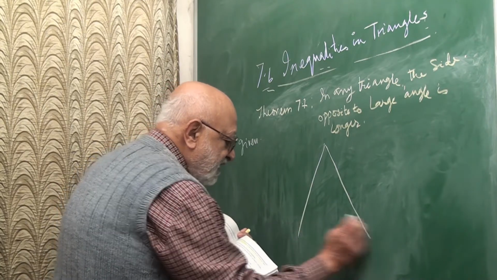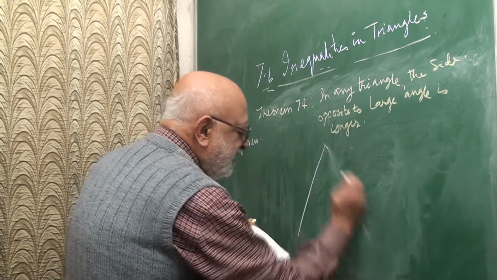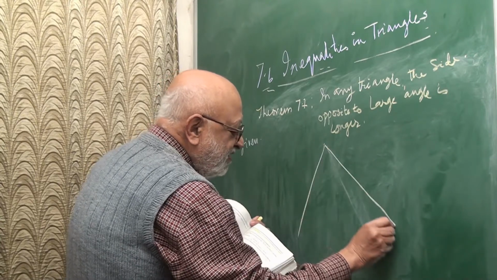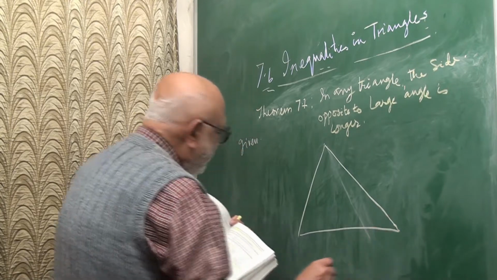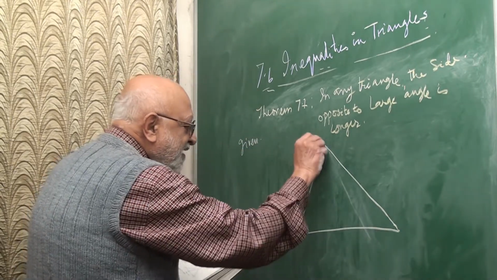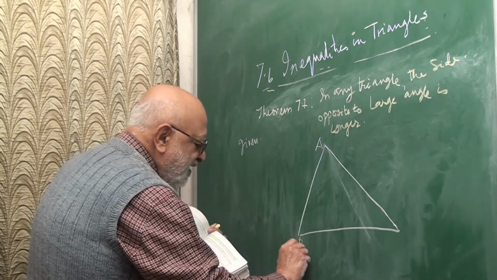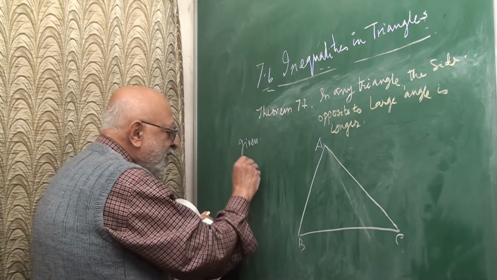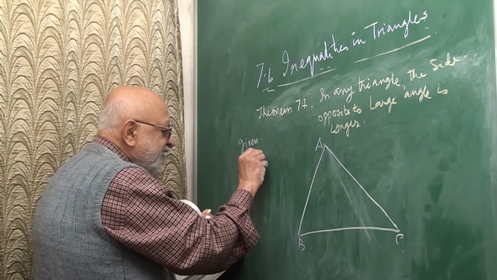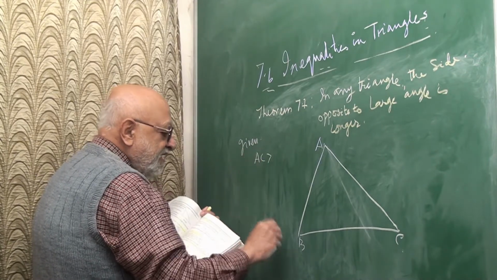Let me draw it a little bit longer so that it shows. And it is given that angle ABC is greater than angle ACB.